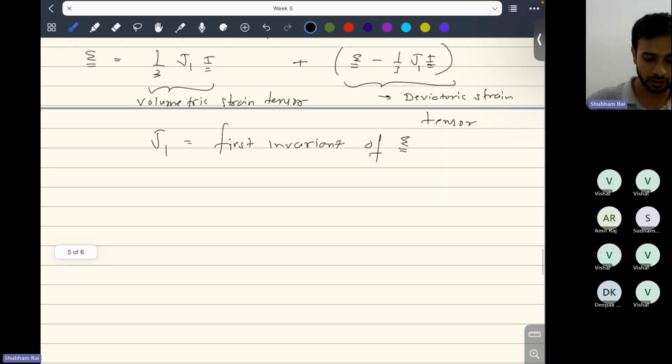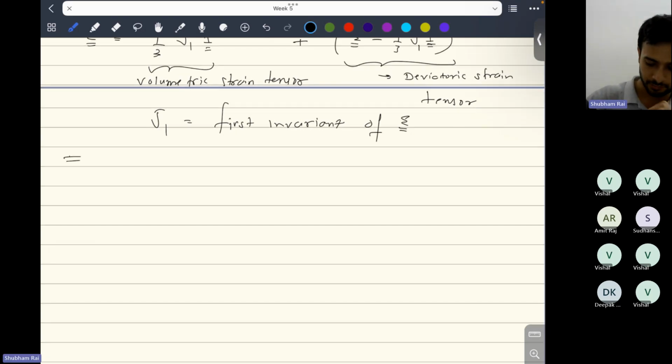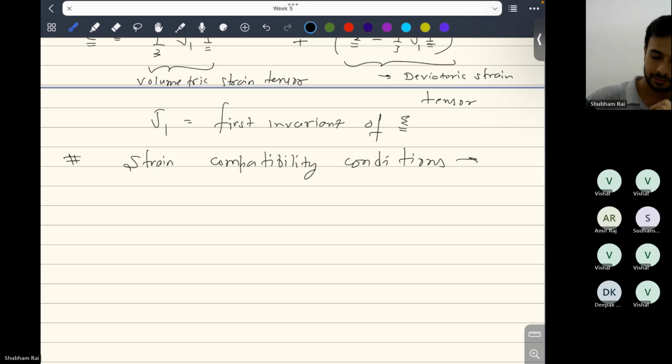Now we have strain compatibility conditions. There are 6 strain compatibility conditions that you would have studied. Any strain matrix cannot represent a strain tensor.